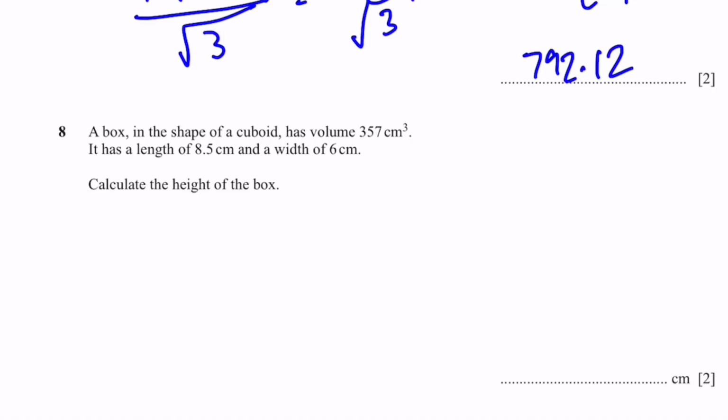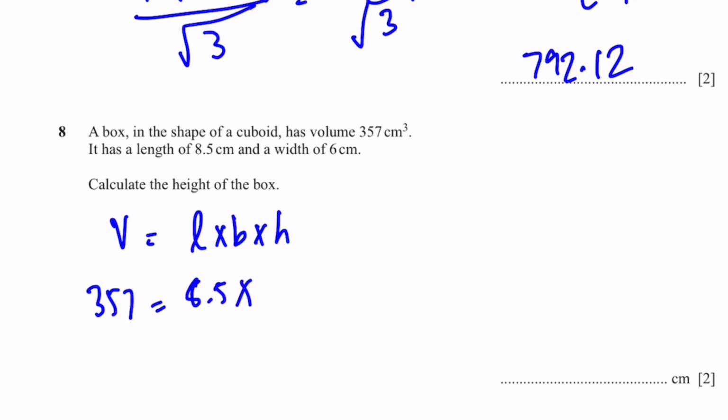Question 8. A box in the shape of a cuboid has volume 357 centimeters cubed. It has a length of 8.5 and a width of 6 centimeters. Calculate the height of the box. The volume is equal to length times breadth times height. The breadth is the same as the width. That means the volume is 357 centimeters cubed, the length is 8.5, the breadth is 6, and we need to find h.